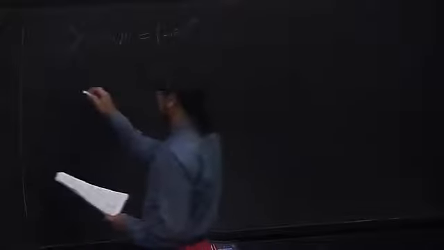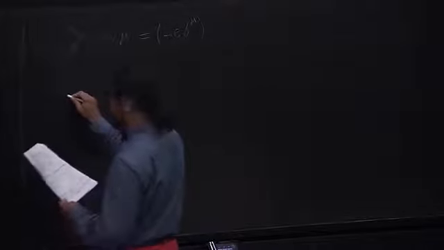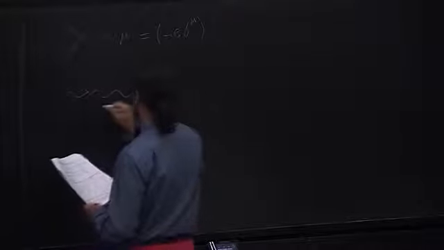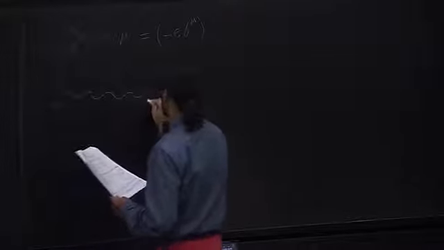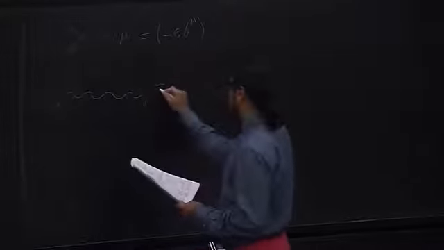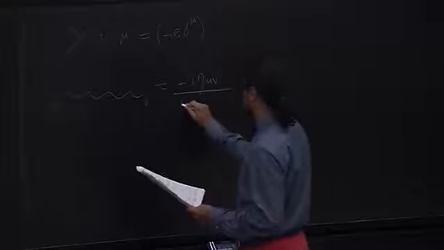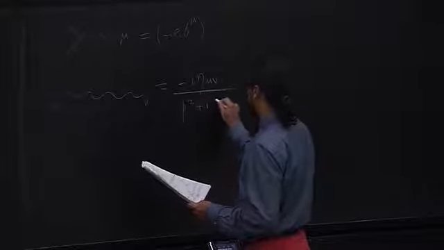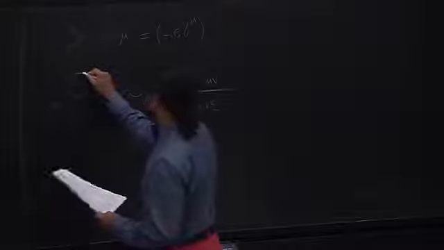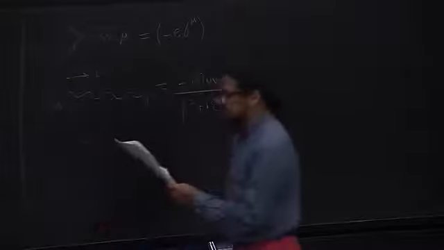And the photon propagator is a gauge-dependent object. In the Lorentz gauge that we chose, it's given by this. So this is the momentum flowing in the direction.